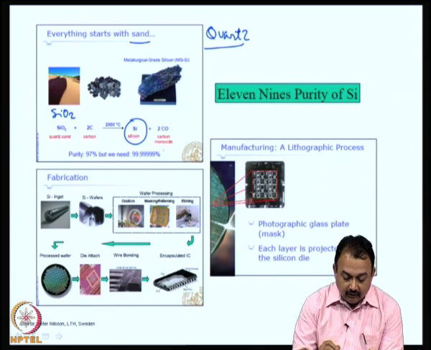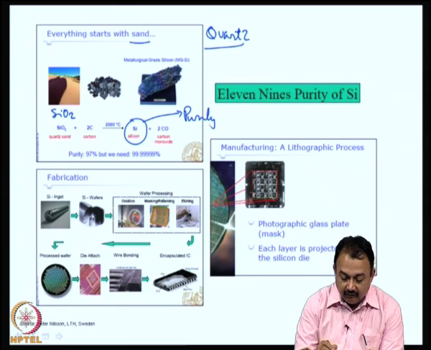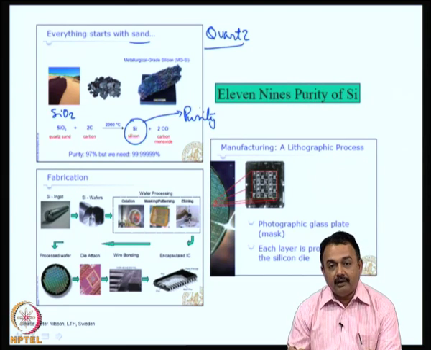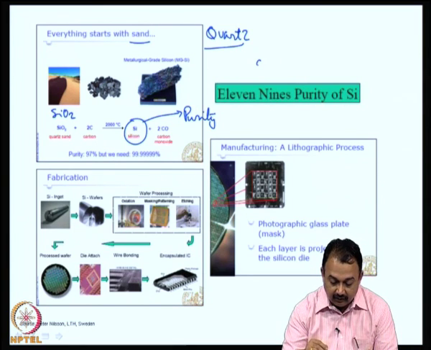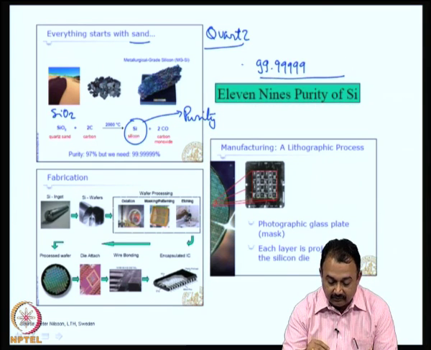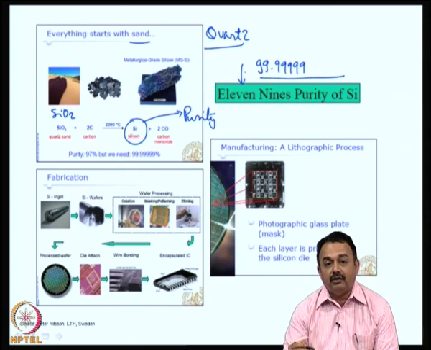Now, the question is how much purity of silicon can we get? For semiconductor manufacturing, you require a very high purity, 99.9999999 percent, there should be totally 11 nines. That is the kind of purity that one looks for as a starting material for the semiconductor process.